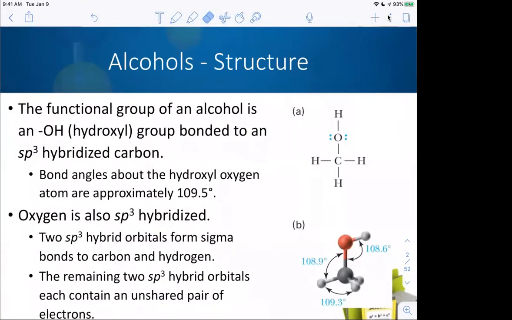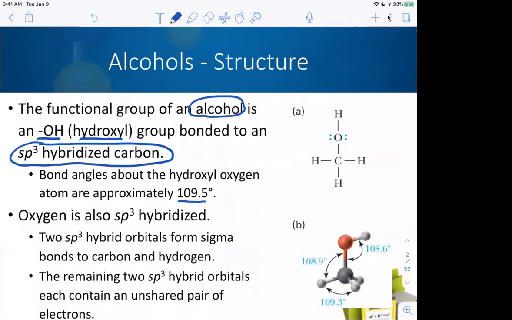Remember, the functional group of an alcohol is the OH or hydroxyl group. And this is bonded to an sp3 hybridized carbon. So remember, I have those idealized bond angles on that carbon of 109.5.